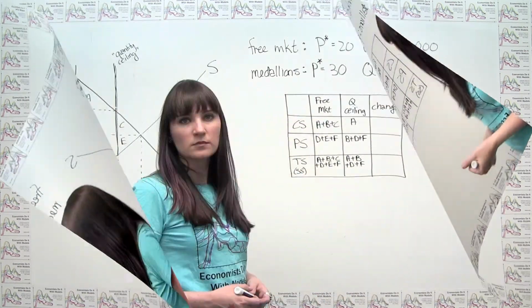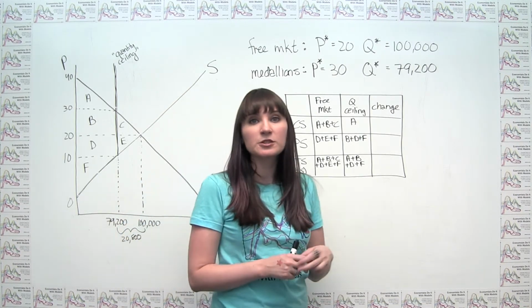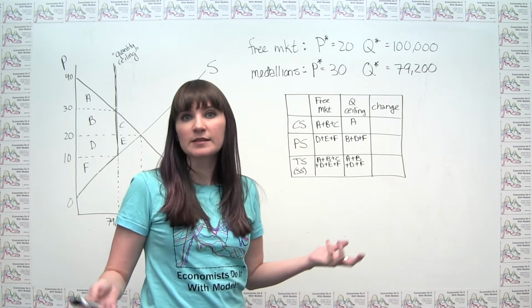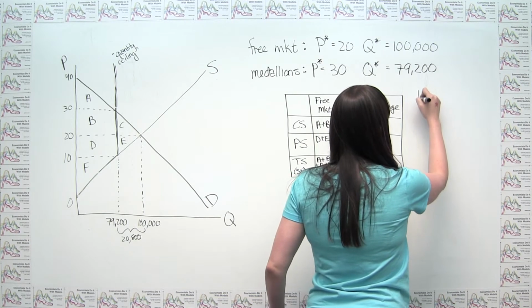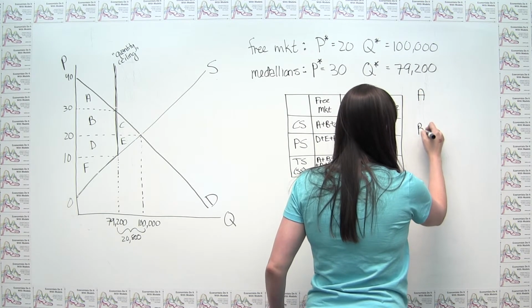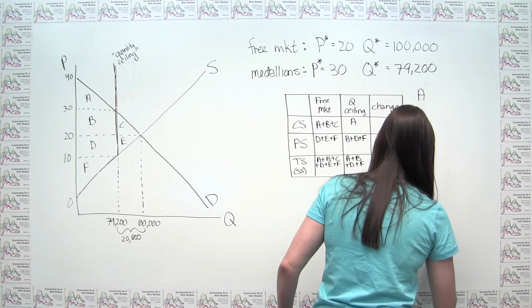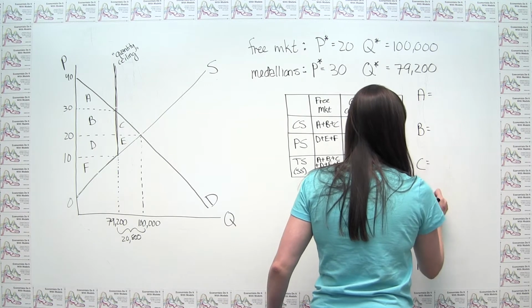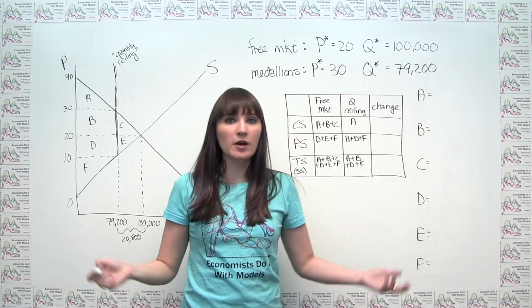So we proceed by calculating the areas of A, B, C, D, E, and F, and adding them together as necessary. Let's write down the formulas for each of them, and then use the calculator to figure out what they are numerically.